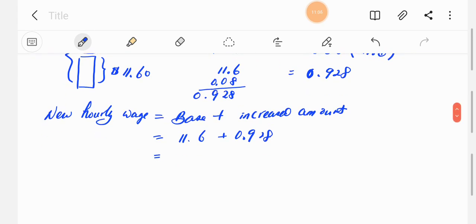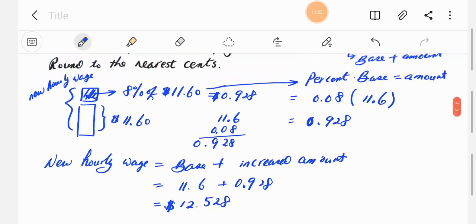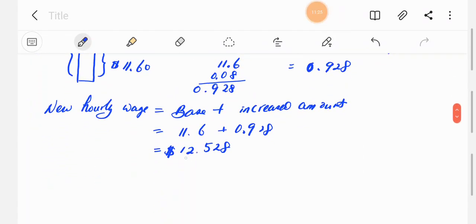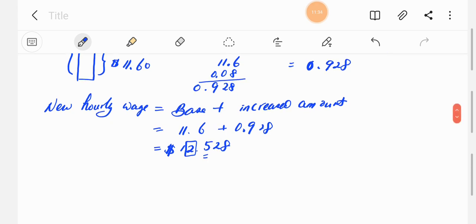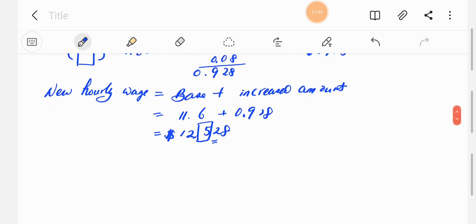So the sum of this base and the increased amount is now 12.528 dollars. So since we need to round to the nearest cent, sorry, I said nearest dollar, sorry. Nearest cent. Round it to the tenth, right?